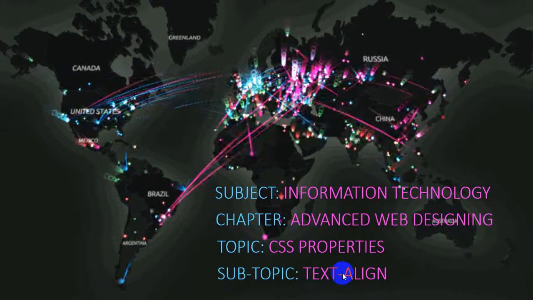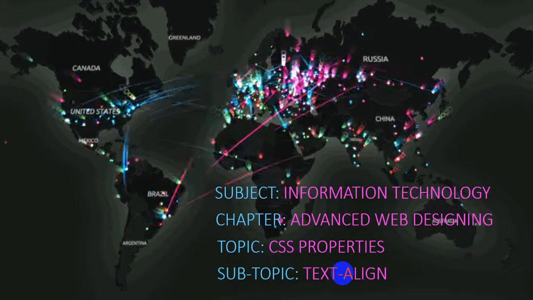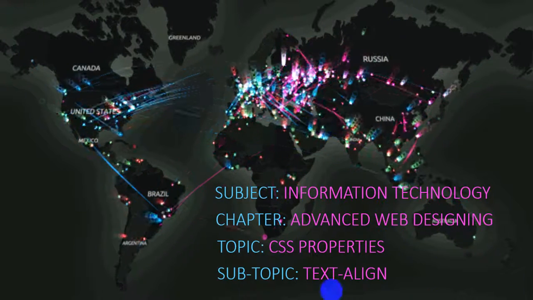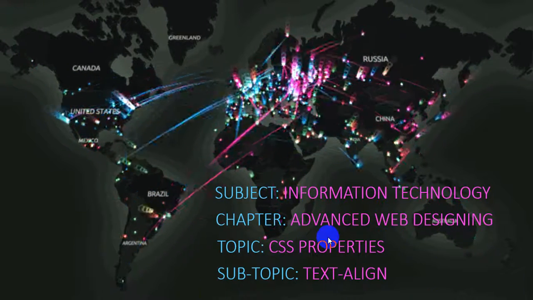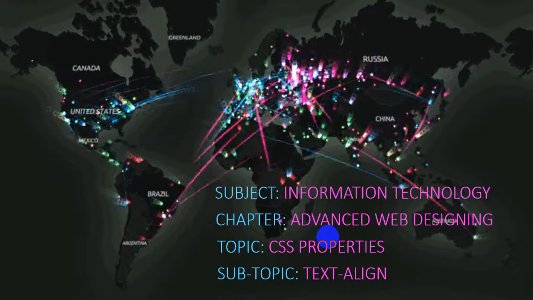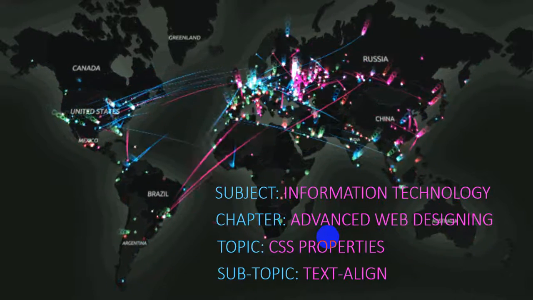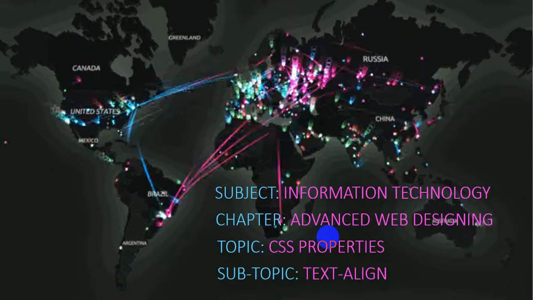Okay, text align is a property. I am just telling you the definition, or what is the meaning of text align. Text align is a property of CSS which is used to align your text. The text can be of any element. It can be a paragraph, it can be a heading, it can be anything, but it is used to align the text.